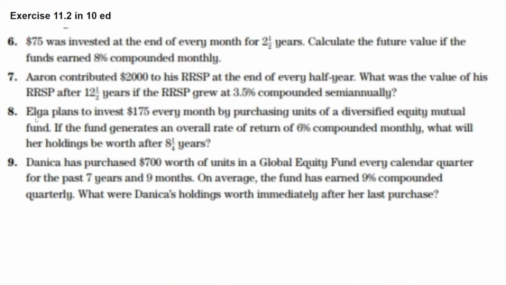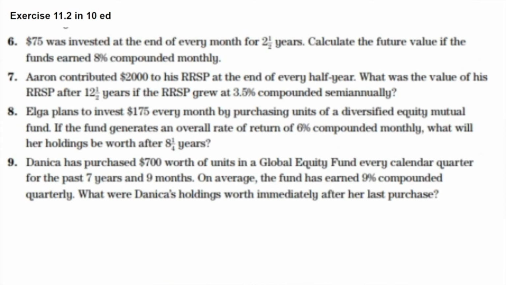Number 8. We'll take a look at number 8. Number 8 says Egla plans to invest $175 every month. So the payment is $175, PMT equals $175, every month by purchasing units of a diversified equity mutual fund.